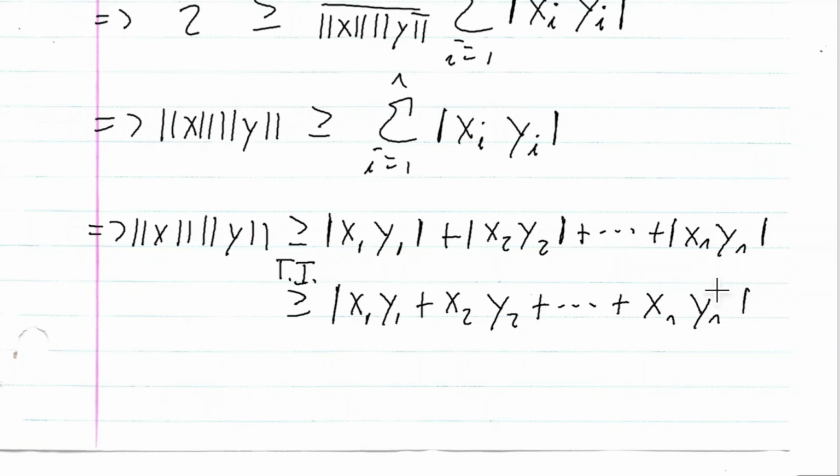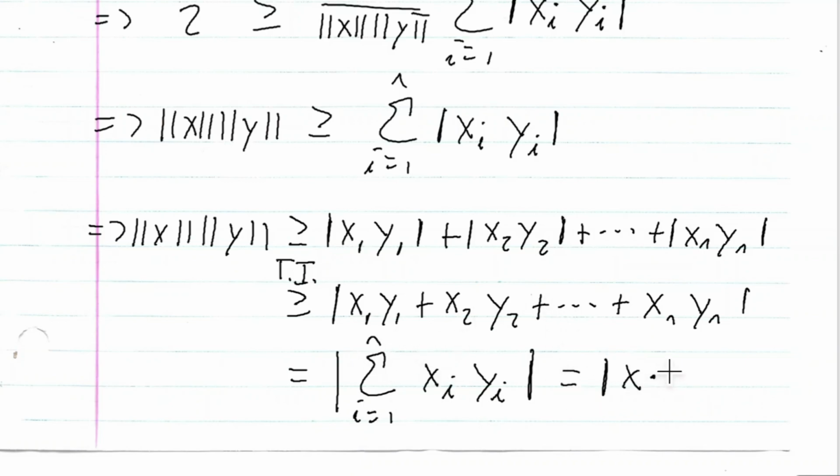And this is equal to the absolute value of the sum from 1 to n of x sub i times y sub i. And this just so happens to be the dot product, x dot y, which is so cool.